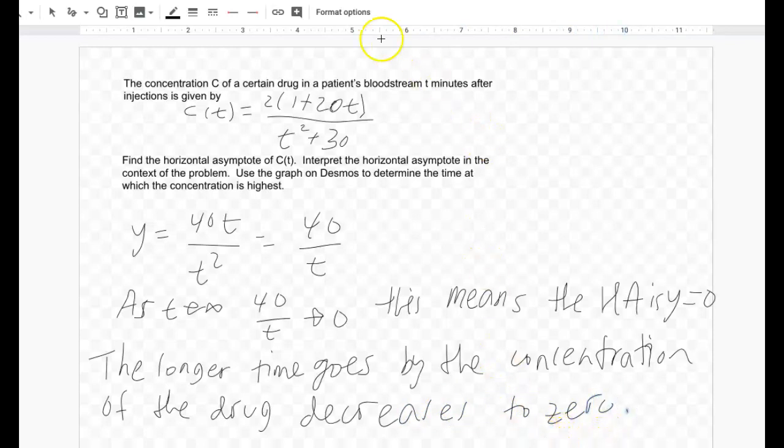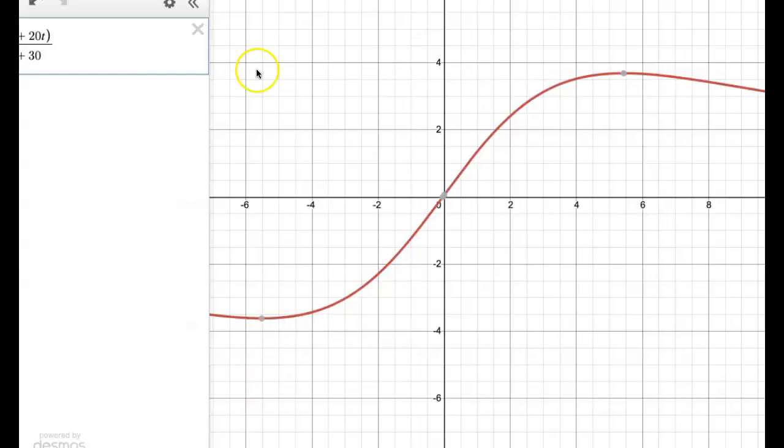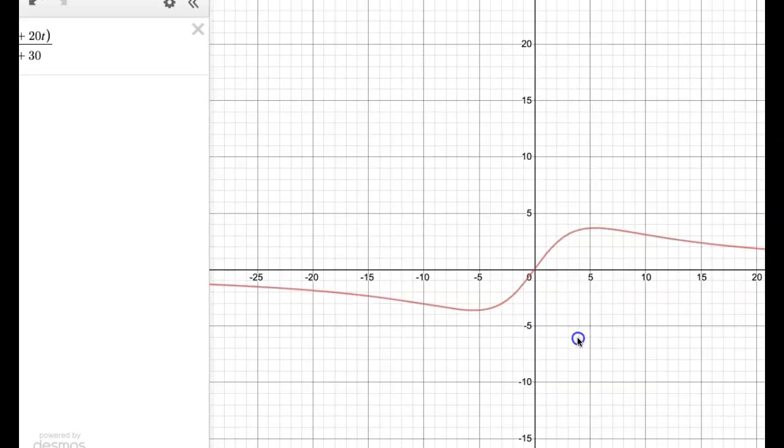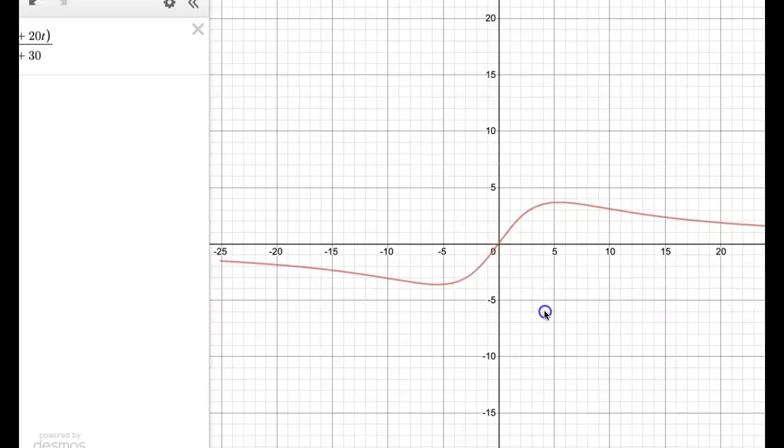Okay, so let's go ahead and go to Desmos. I already plotted our function, and so we wanted to determine the time at which the concentration is highest. If we just zoom out, you can see the curve kind of looks like a wave.